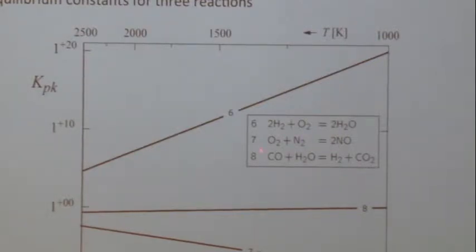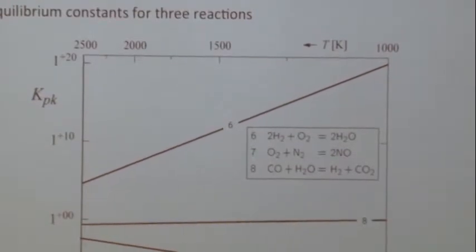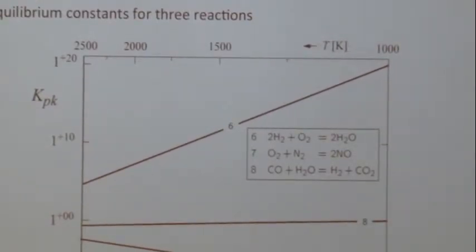Take this reaction here, CO plus H2O. This is the so-called water-gas shift reaction, a very important reaction we'll talk about later on. It converts CO to CO2, but at the same time converts H2O back to H2. So the CO to CO2 is heat releasing, but converting H2O back to H2 is endothermic, so you need to put in heat.